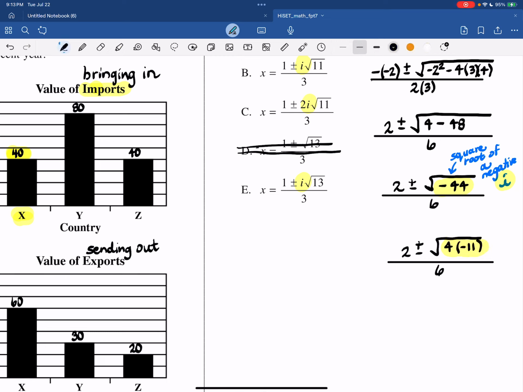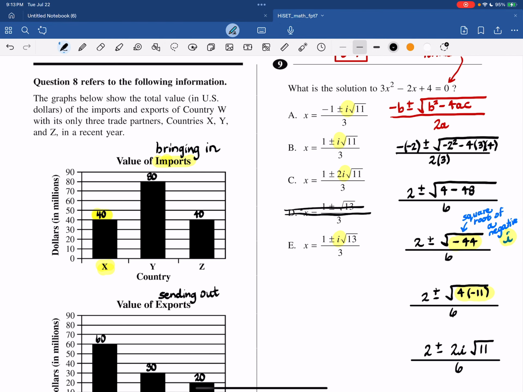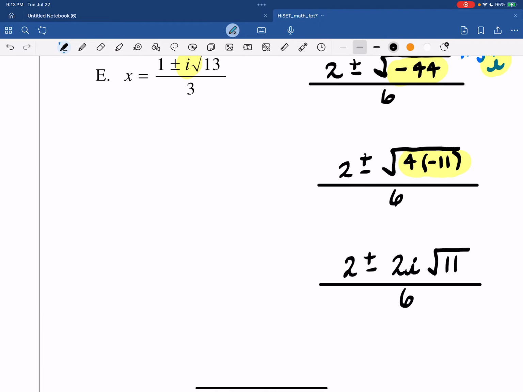Now I can take the square root of 4. That's going to be a perfect square. So let's go ahead and do that. The square root of 4 is 2. And I'm going to go ahead and take care of the imaginary part and leave the 11 in parentheses. So we're getting there. When you look at your choices, you see that there's a 3 on the bottom, not a 6. So we have one more step. We need to factor out the 2.